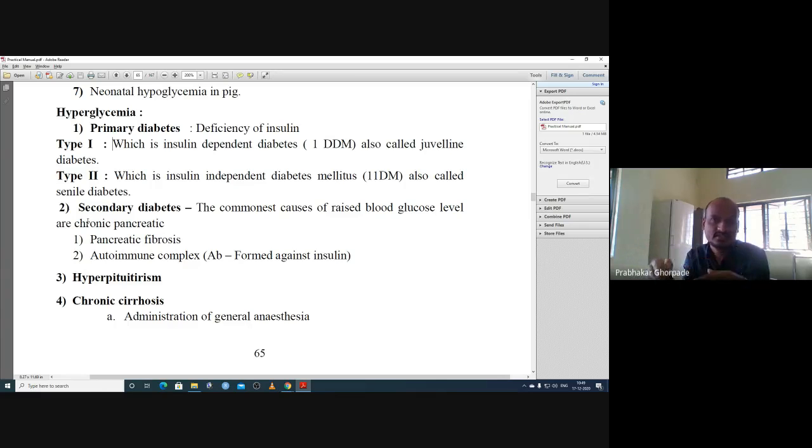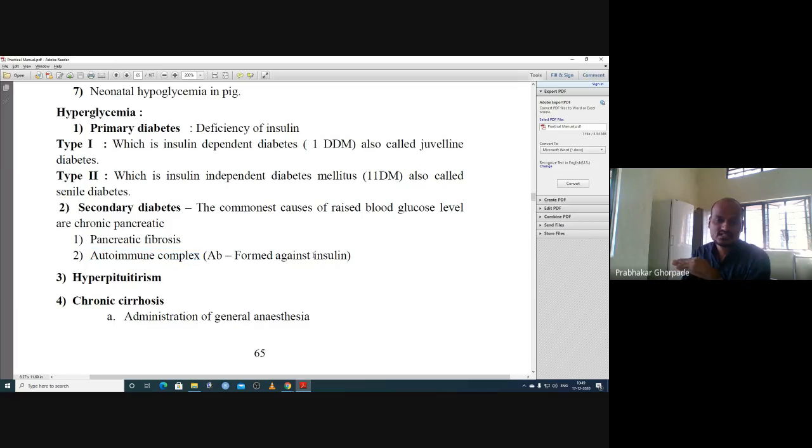So you have insulin, but usually whenever we talk in terms of the immune system, we don't want the immune system to act against our own antigen. Insulin is our own, so we don't want antibody raised against it. But autoimmune diseases are such that they form antibodies against self antigen.